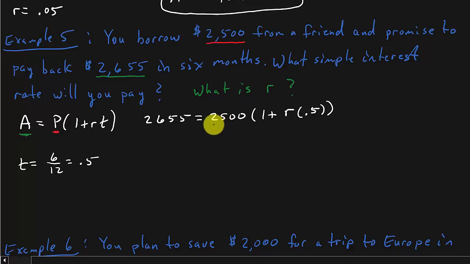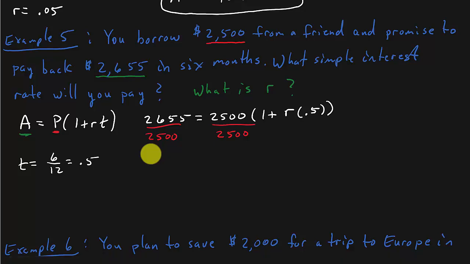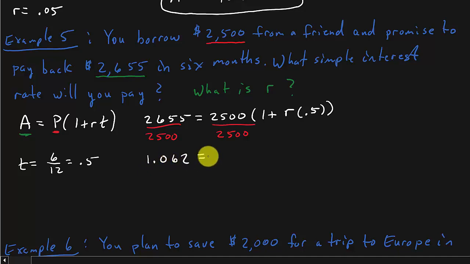So you can see here, I can divide both sides by 2,500. All right. And so that is going to give me, let's see what 2655 divided by 2,500 is. That is 1.062 equals, and see, it's gone right here, so that's just 1 plus 0.5 R. Okay.